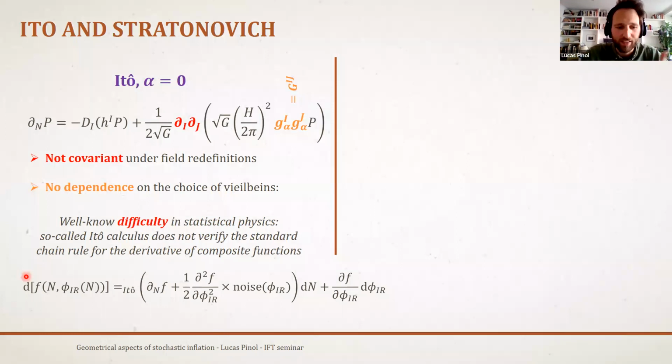Everything gets more complicated. When you look at the derivative of a composite function, you must be very careful. It's not just the usual thing, like the derivative of f plus df over d phi times d phi, etc. You have this new term, proportional to the noise, that appears everywhere. And it's this term that causes most equations which you would think of as covariant not to be covariant, because it introduces some non-covariance in the equation.